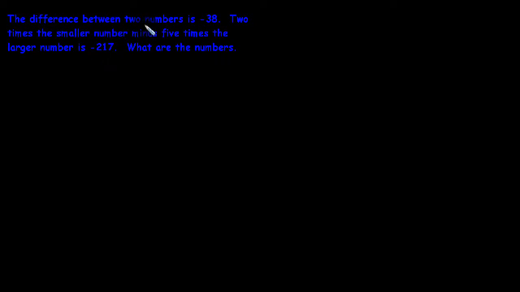I want to find two numbers whose difference is negative 38. And so I'm just going to come over to the side and put two numbers here whose difference is negative 38. That'll not be the correct answer, but it may give me a little bit of insight into the problem. If I call the first number 10, then minus, I need another number so that the answer is negative 38.